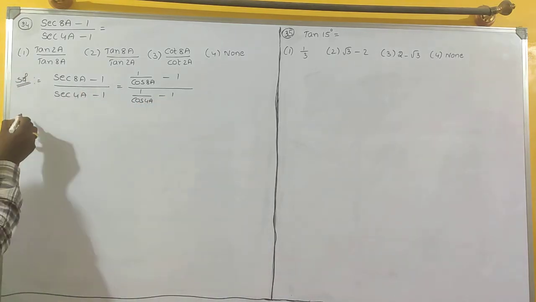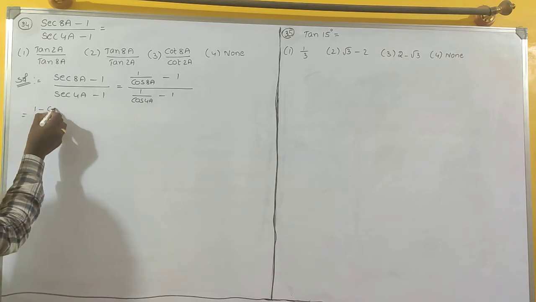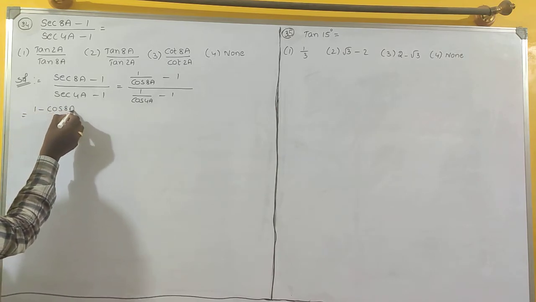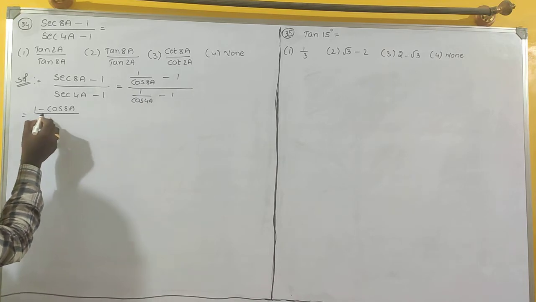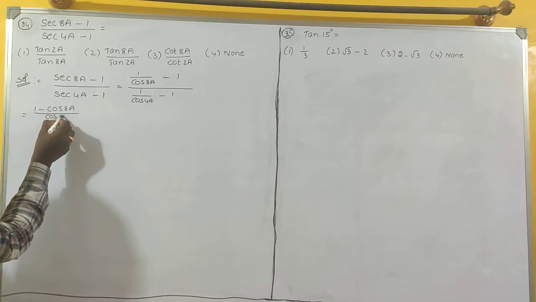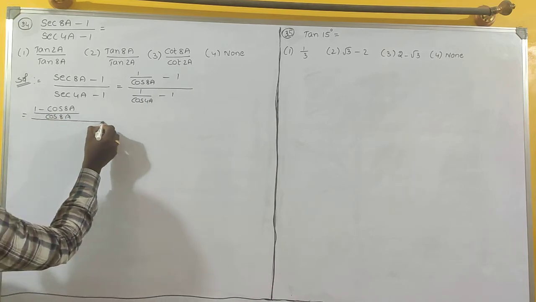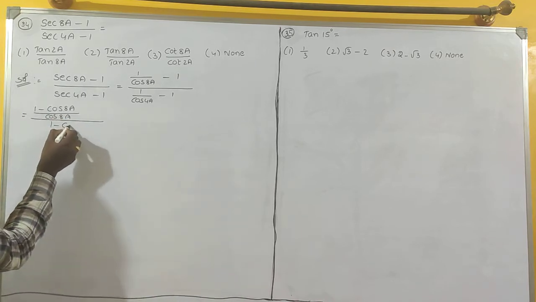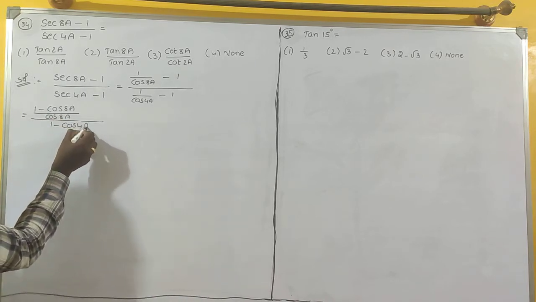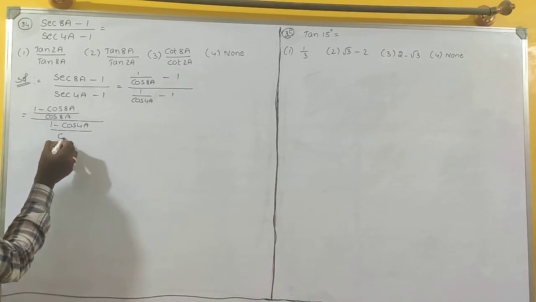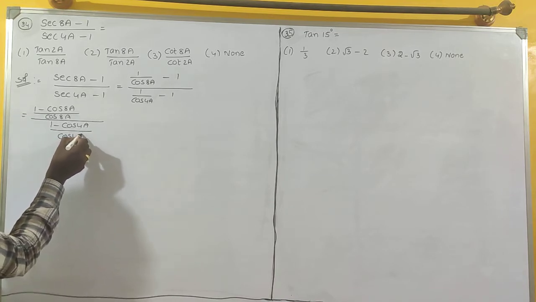Now it can be written as (1 minus cos 8a) by cos 8a, by (1 minus cos 4a) by cos 4a.